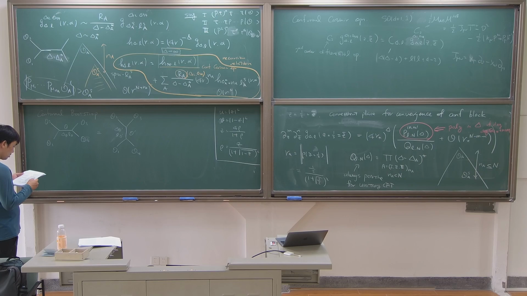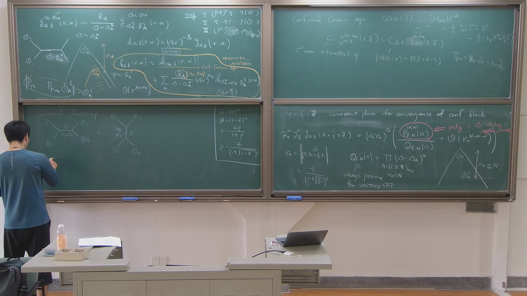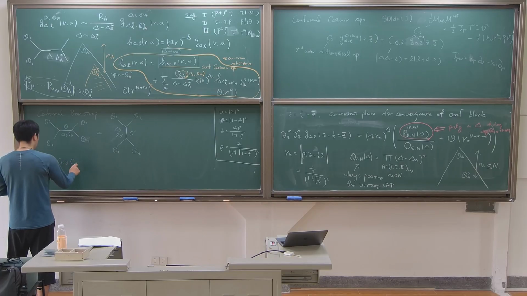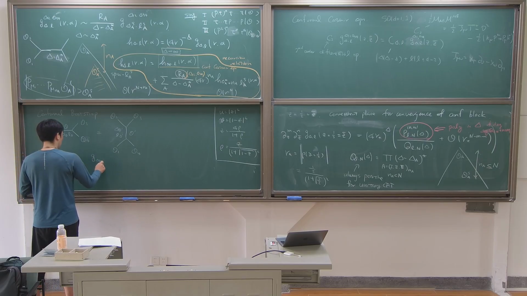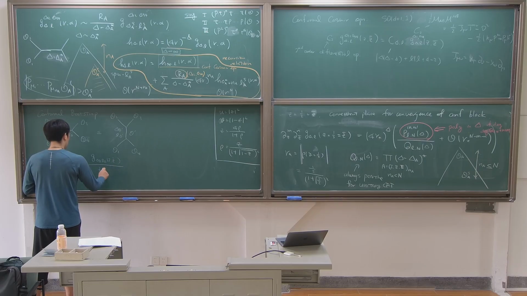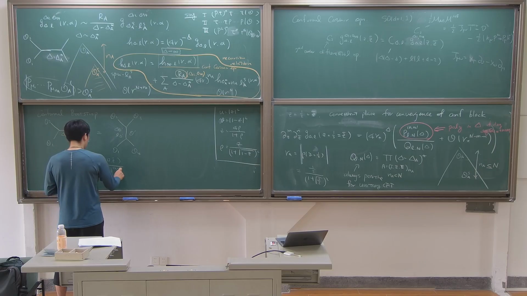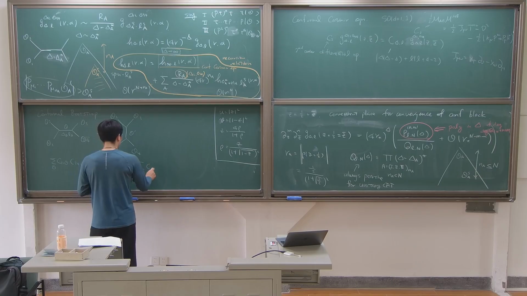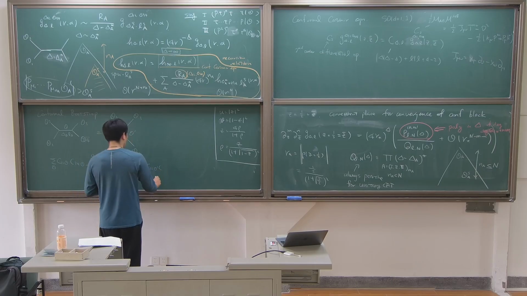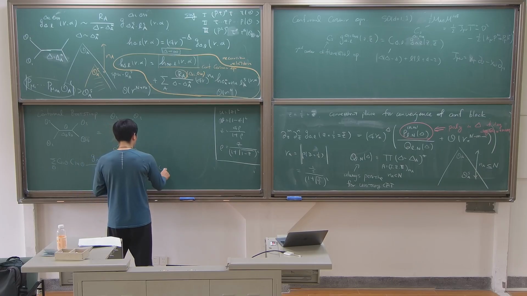I'm going to talk at the level of equations. You can write it down this way: the sum over O of C12O times C34O times G with delta O, L O, z, z bar. Oh, sorry, this is 4.